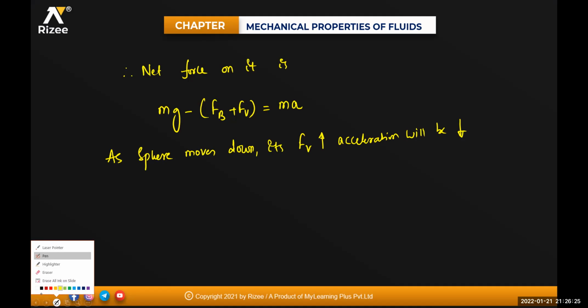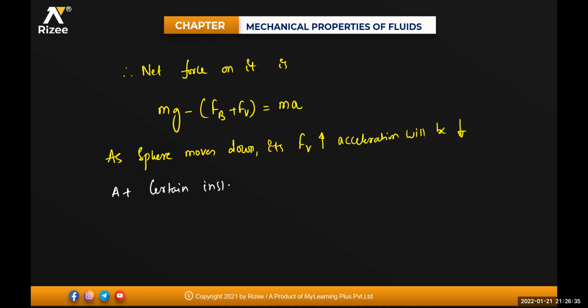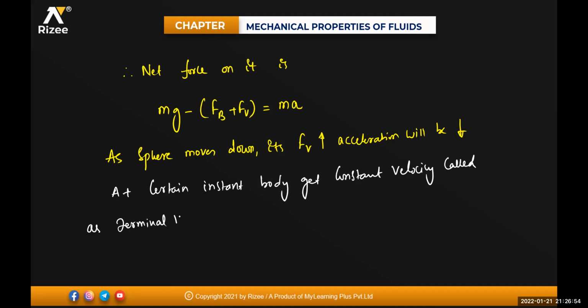Now see, if this body is falling with a constant velocity at a certain instant, the body gets a constant velocity called the terminal velocity, Vt, and then acceleration will become zero.